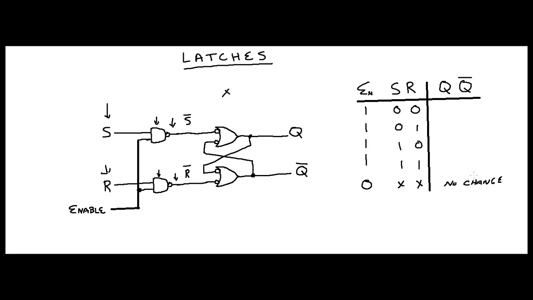Got it? Now, basically it's inhibited. It's not going to change regardless of what S and R were from its prior outputs. So if your enable is active, let's look at your set and reset. If your set and reset are low, this is no change.